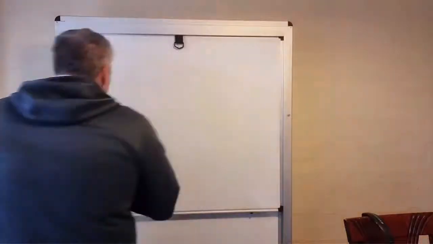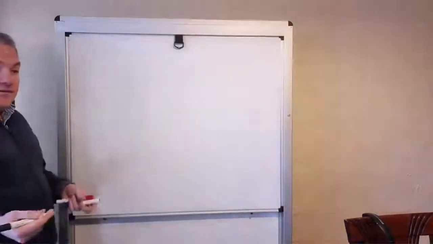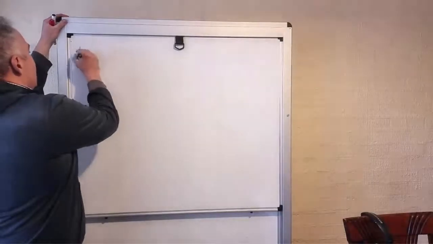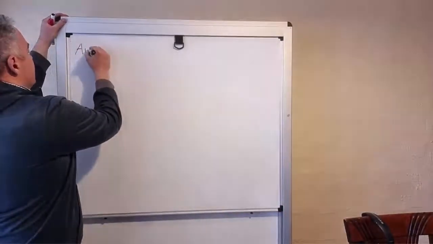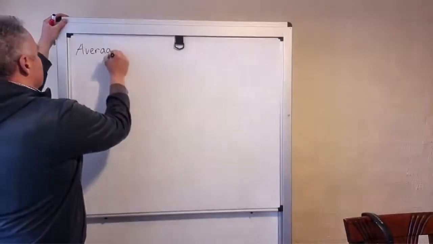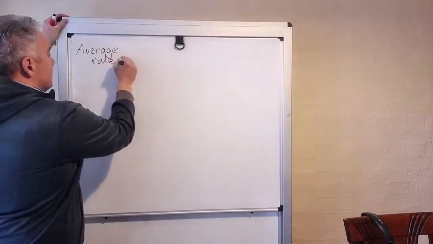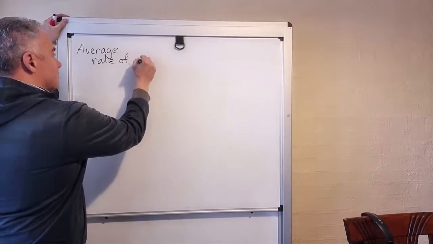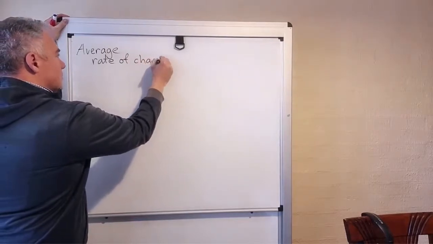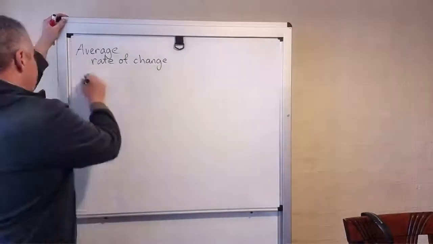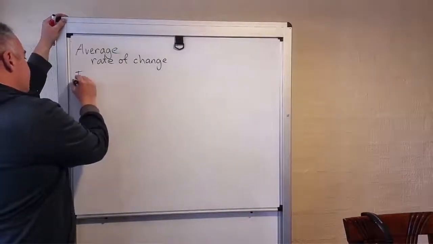Okay, there's going to be 3 parts of this lecture. Part number 1 is going to be average rate of change. Part number 2 is going to be instant rate of change, or instantaneous rate of change.